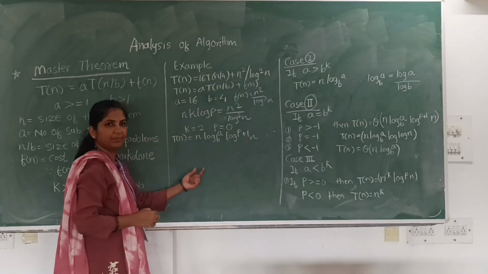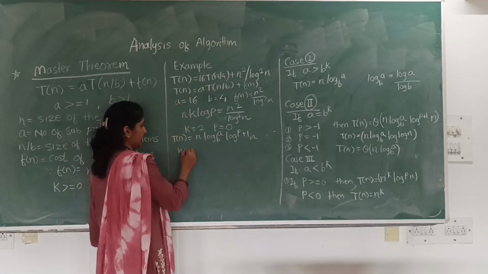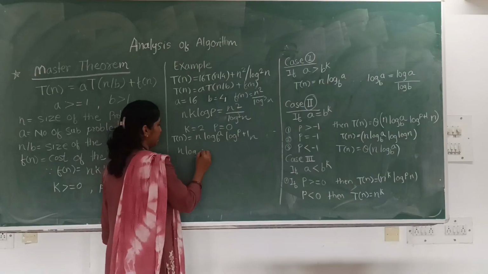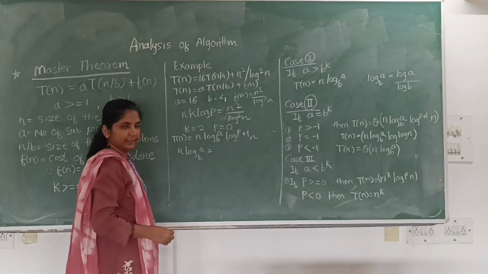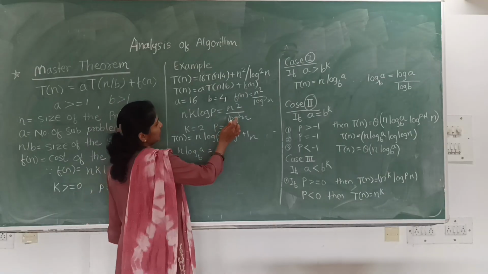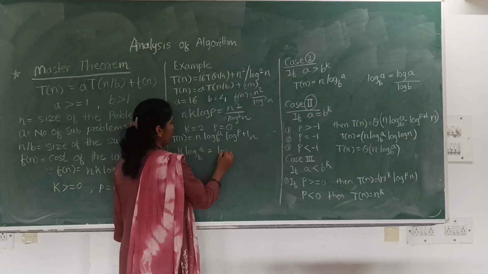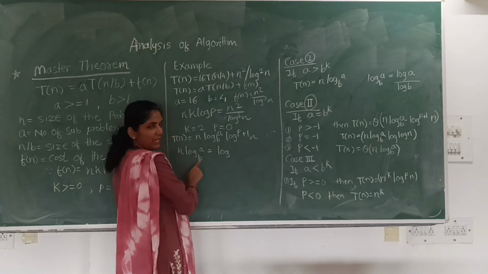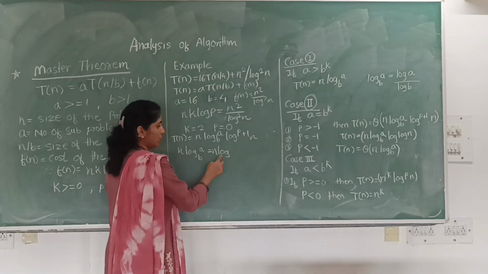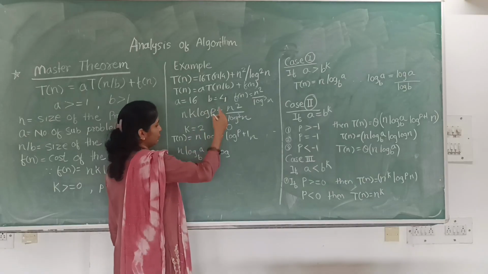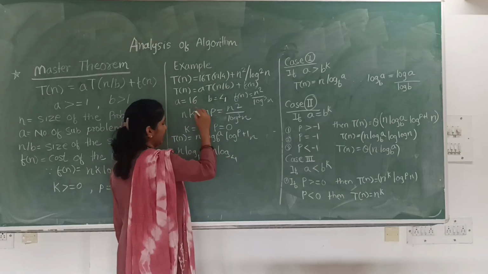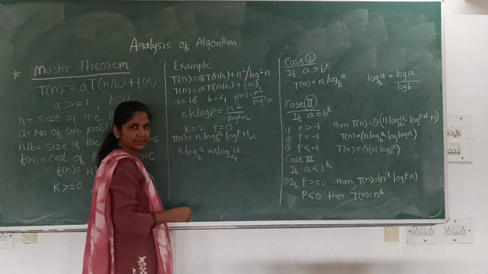So now after comparing with this equation n^(log b a), we can write it as, now here, what is the value of b here? The value of b is 4, the value of a is 16.